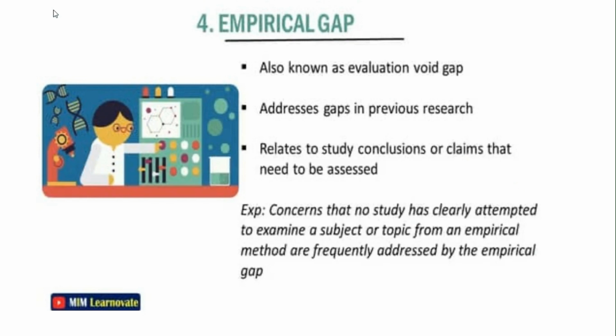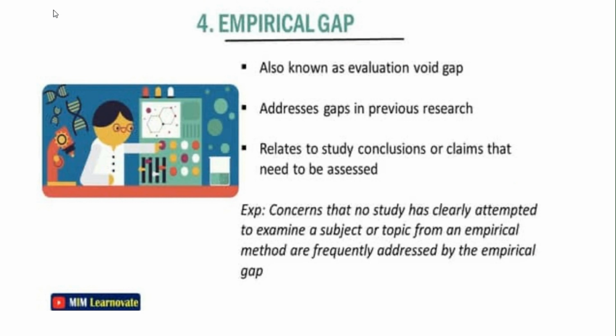Now, moving on to the fourth one, which is the empirical gap, also known as the evaluation void gap. It addresses gaps in previous research, and relates to study conclusions or claims that need to be assessed.